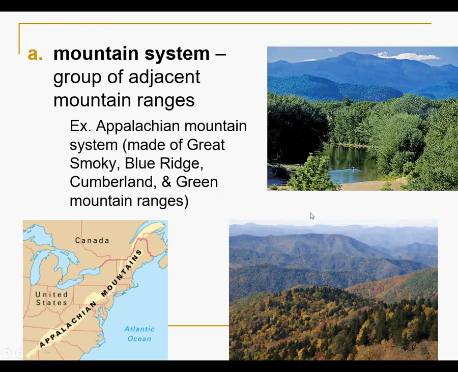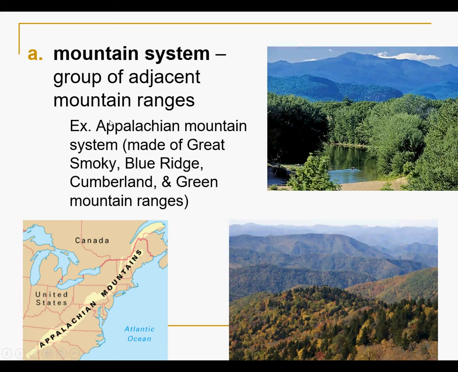The next one we'll talk about is a mountain system. And so many of you have been down in Tennessee and Kentucky, and these are several different mountain ranges. And so you have the Blue Ridge Mountains, the Smokies, the Cumberlands, even the Ozarks.